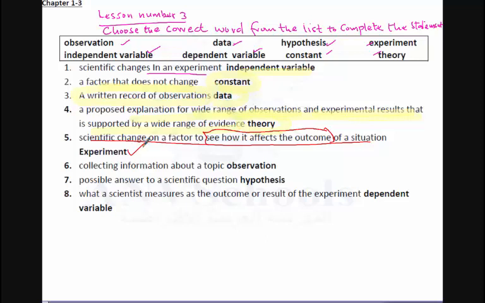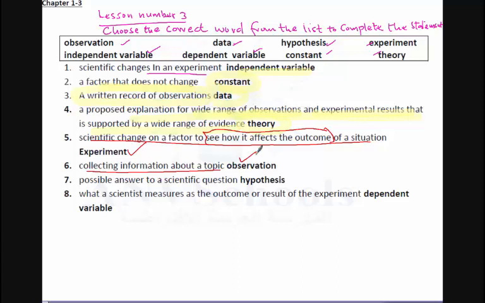Then collecting information about a topic. For example, you have posed a question and come up with a hypothesis. To test this hypothesis, you have to make observations. So when you are collecting this information, we say you are observing.